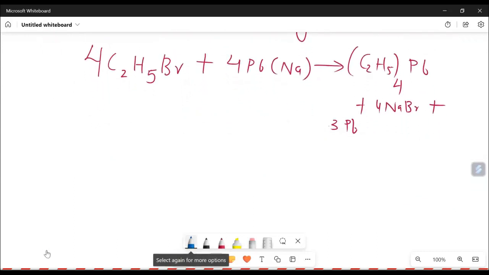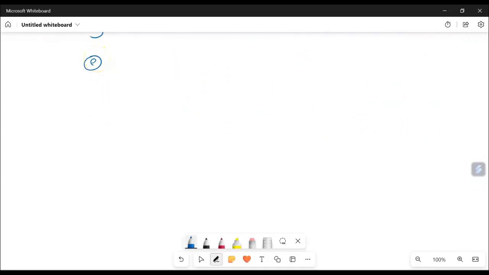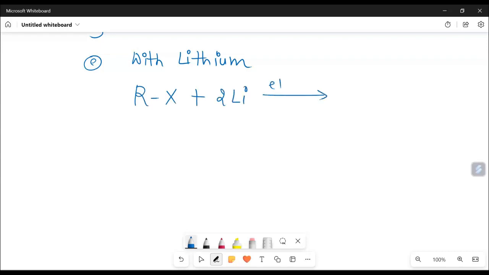The fifth reaction, and the last reaction in metal, is with lithium. In case of lithium, the reaction goes like that. RX plus 2 moles of Li in the presence of ether gives RLi plus LiX.